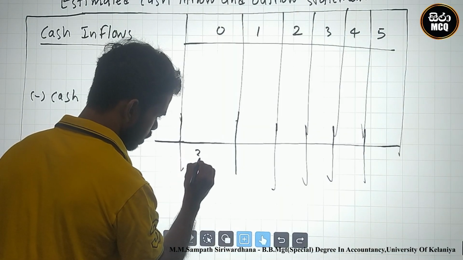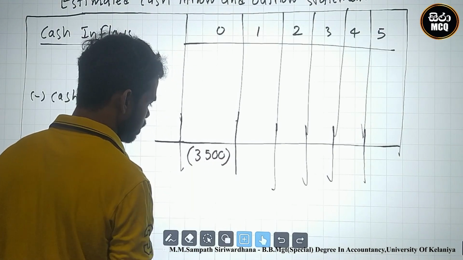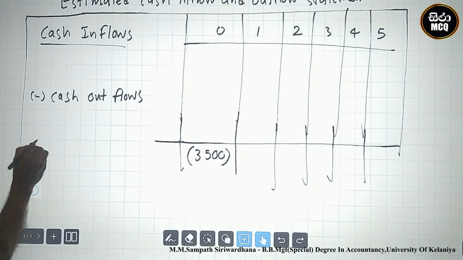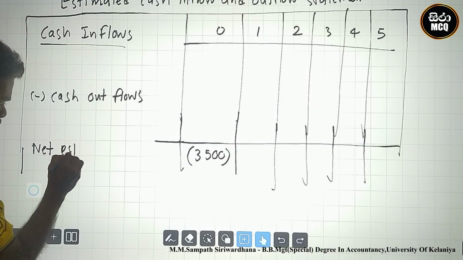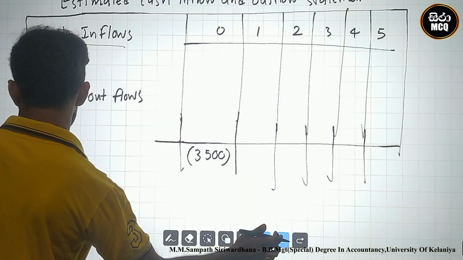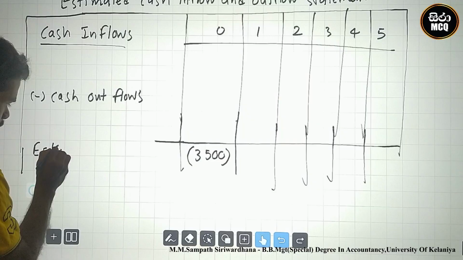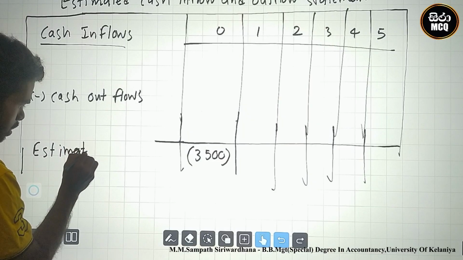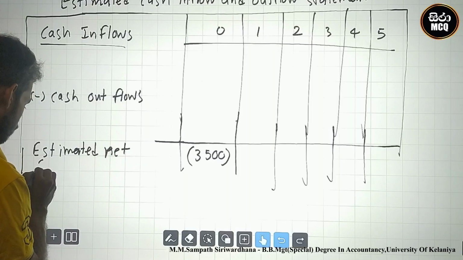Look here, I estimated 3,500. This is the initial investment. We write the total, the estimated net cash flow.